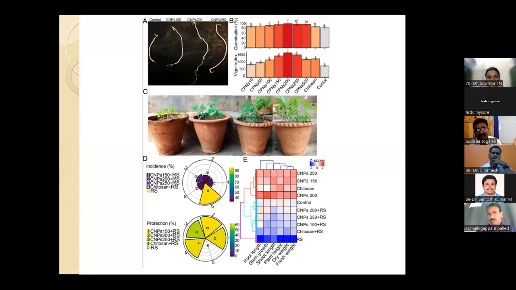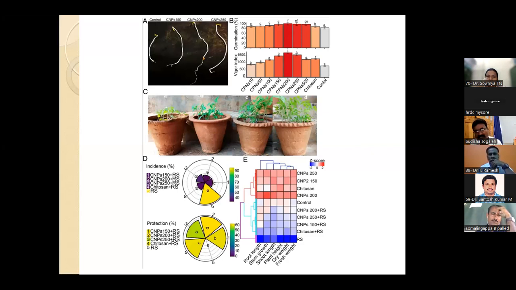We did seed priming, as well as spraying the nanoparticles on the plant fortnightly. This experiment was mainly conducted in greenhouse conditions, and you can see the plant inoculated with the pathogen plus primed with the nanoparticles shows excellent biomass, as well as maximum protection against Ralstonia solanacearum.